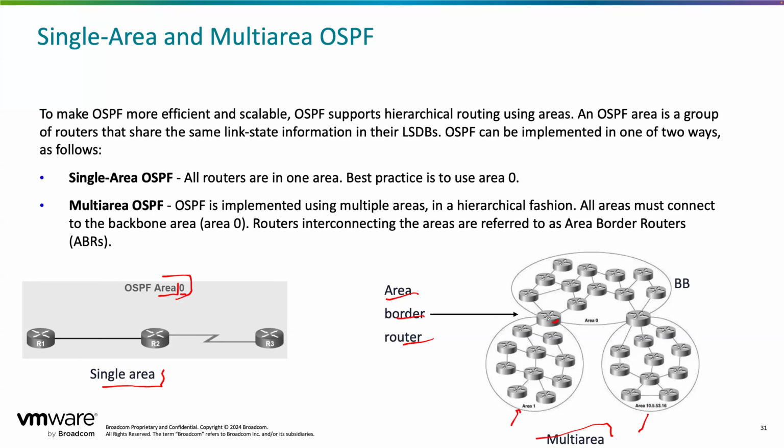But the ABR can originate different types of LSA because, for example, the ABR learns area 1's LSAs or advertisements, and then it re-originates area 1's LSAs into area 0.